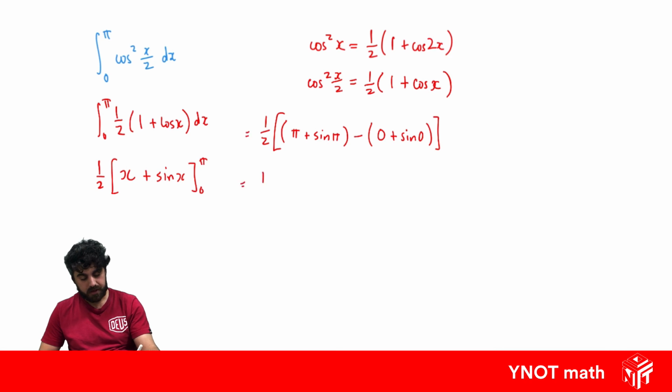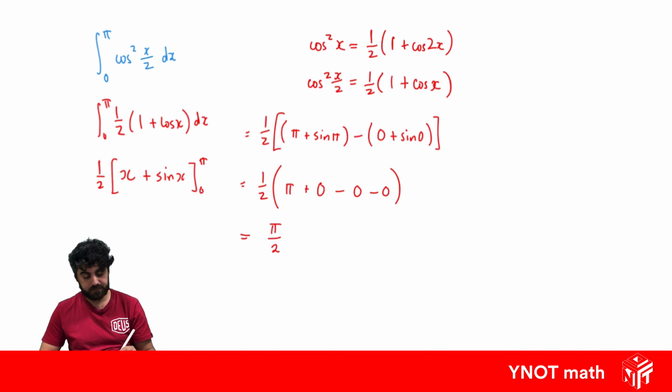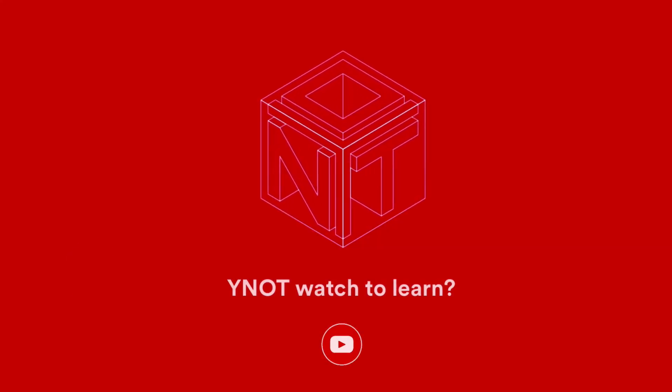So we're going to get a half all outside of pi plus sine pi, which is just 0, minus 0, then minus sine 0, which is also 0. So we just end up with pi over 2 as our final answer.